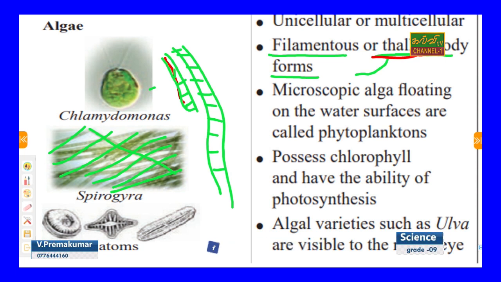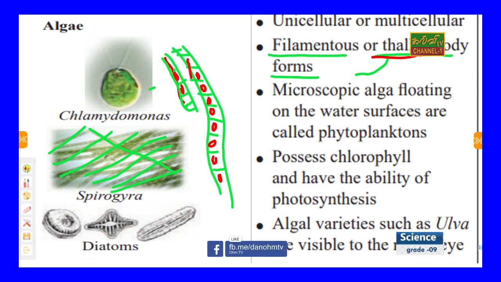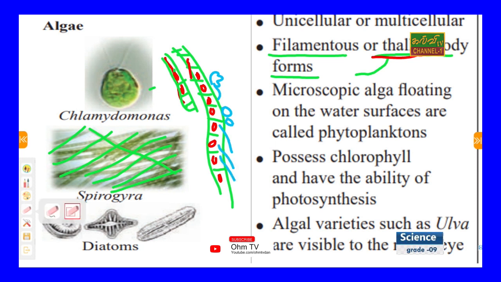Only under a microscope can you find this Spirogyra, right? Spirogyra cells and the nuclear part can be identified by the microscope. But here you never identify any flower or fruits or stem or roots, right?